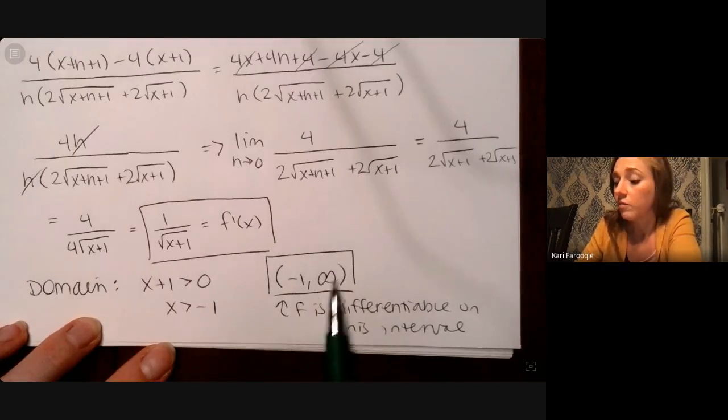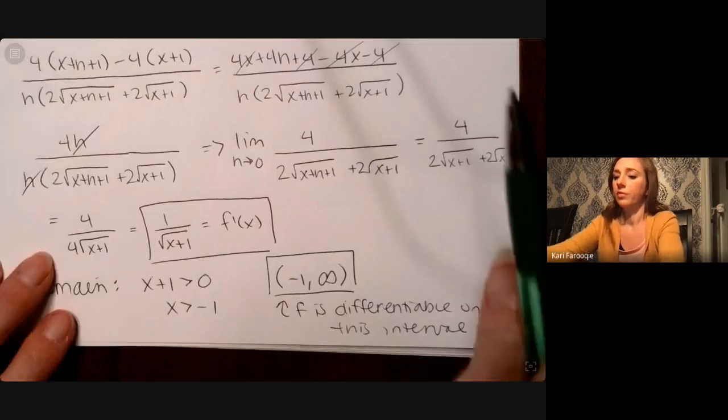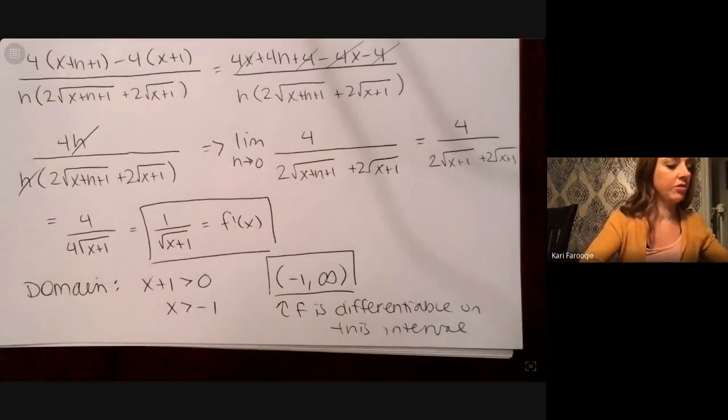So I can pick any value in this interval, and I can find the slope of f using f prime of x. Okay, so that's what that means. I know this is all really new to some of you, and that's okay.